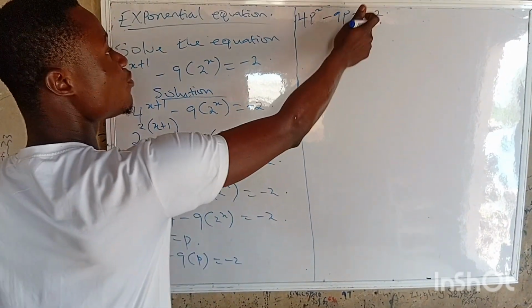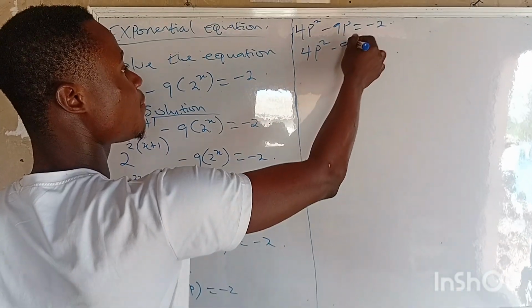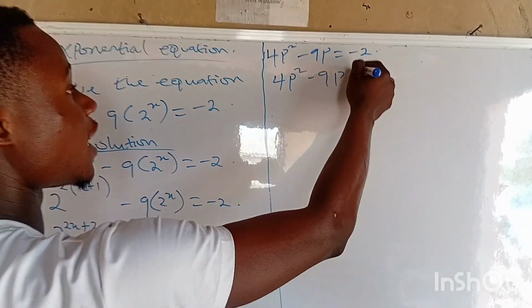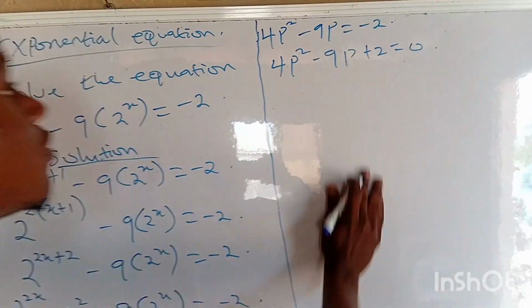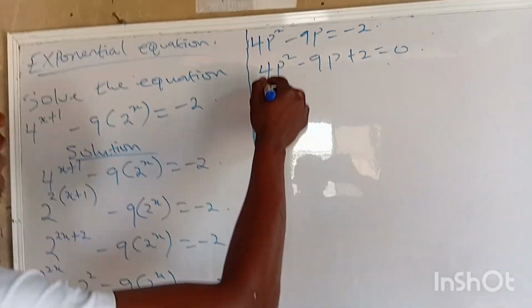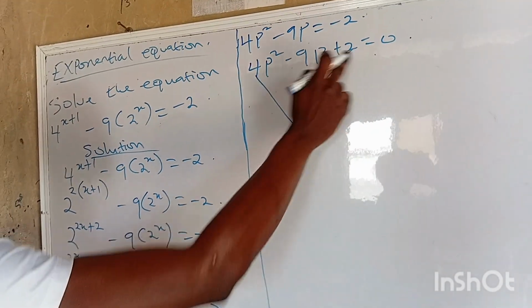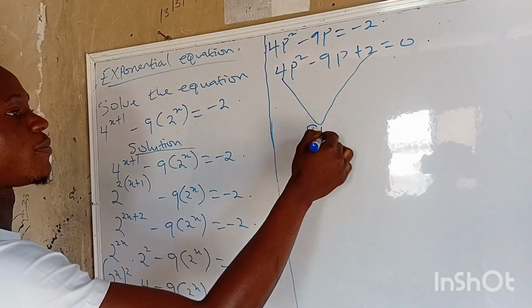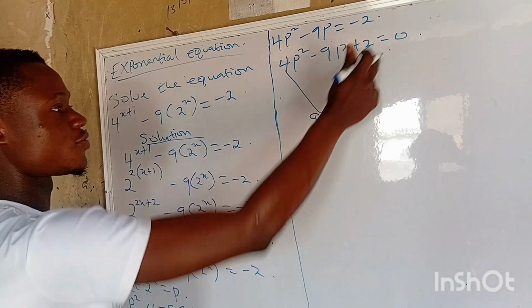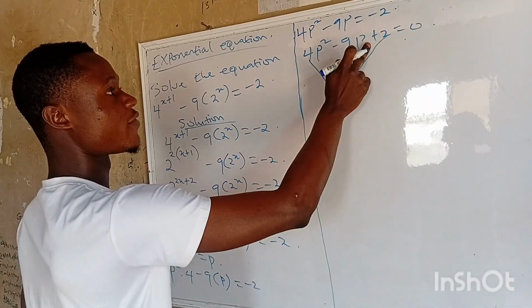So let's bring this −2 to the other side. It's going to be 4p² − 9p + 2 = 0. So what we are going to do is use the quadratic equation, which is factorization, to solve it. 4 times 2 will give us 8p², and it's positive because we are having plus here.